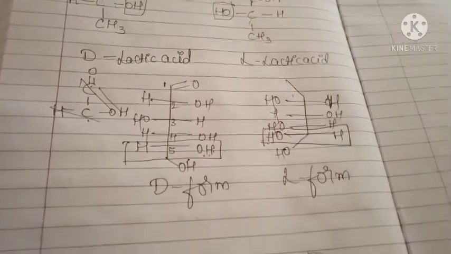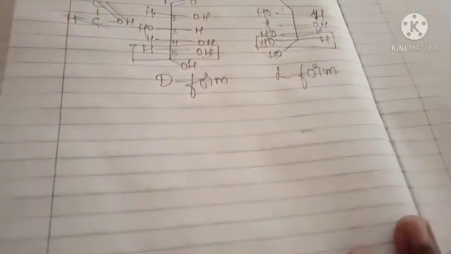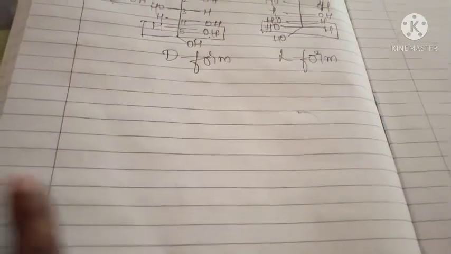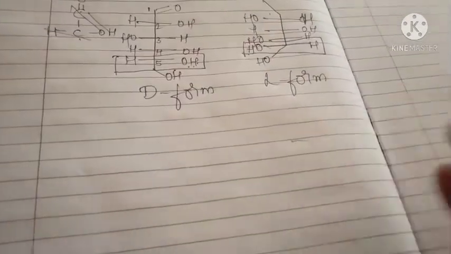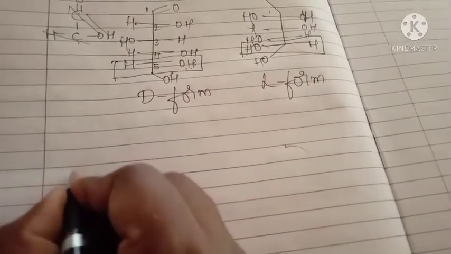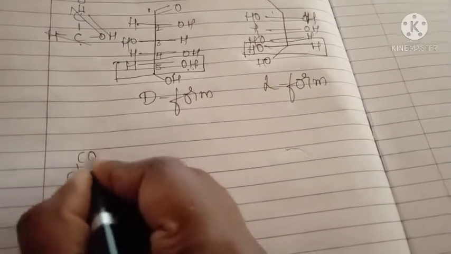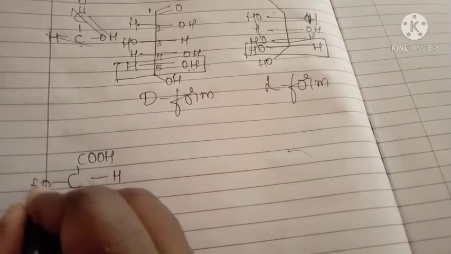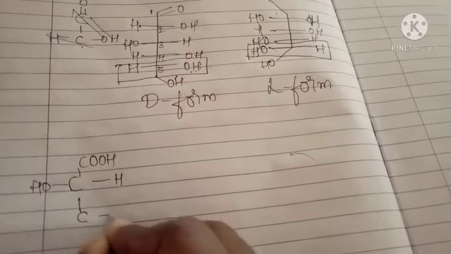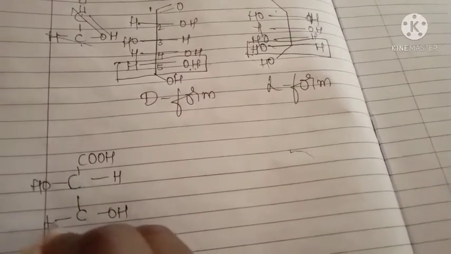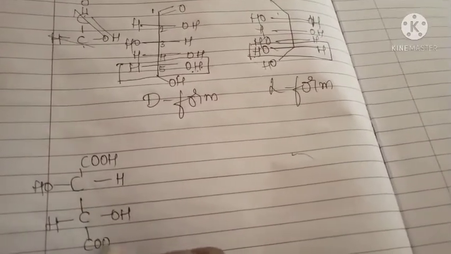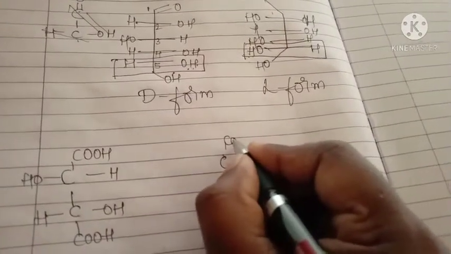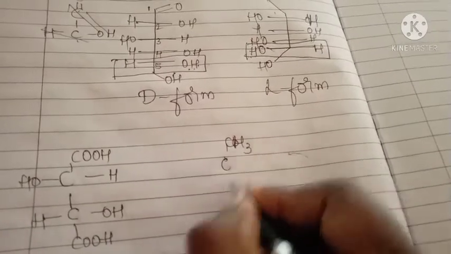The D and L system also has many disadvantages, and here it is difficult to know the type of compounds. For example, here COOH, H OH, COH H, COOH, CH3.